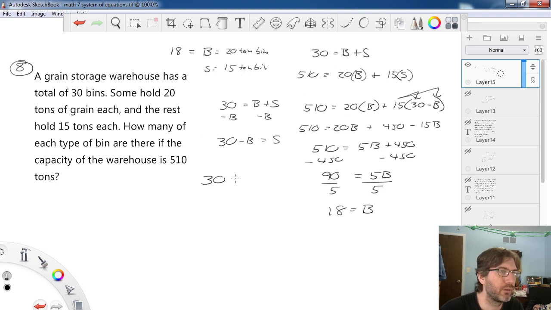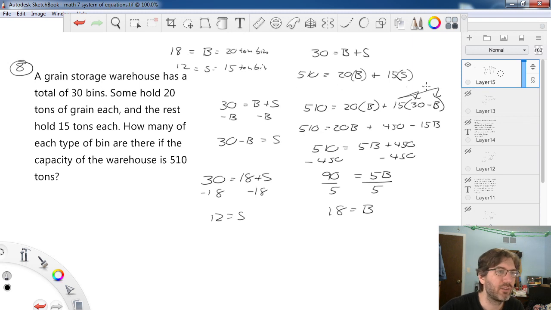That's not bad. 30 equals, was it b was 18 plus s, so subtract 18, subtract 18, 30 minus 18 gives us a 12 equals an s. So we're getting 12. Let's just double check that. Does 18 plus 12 equal 30? Sure it does.